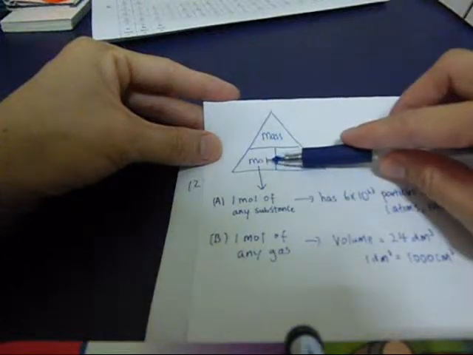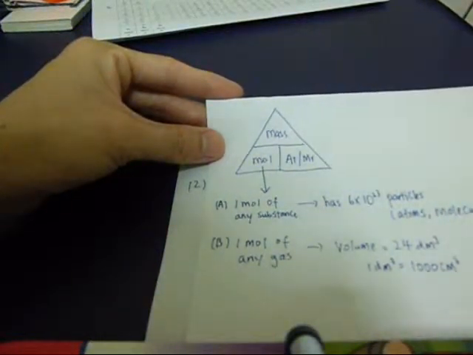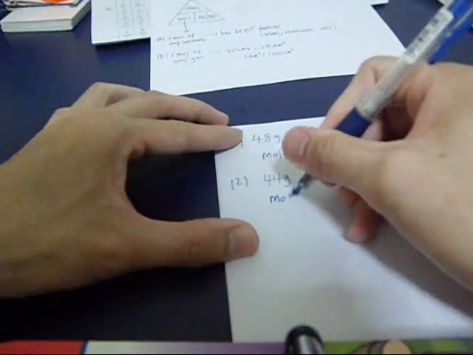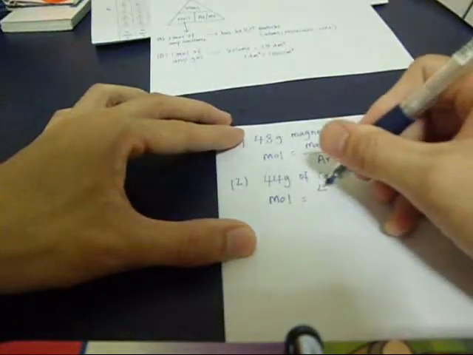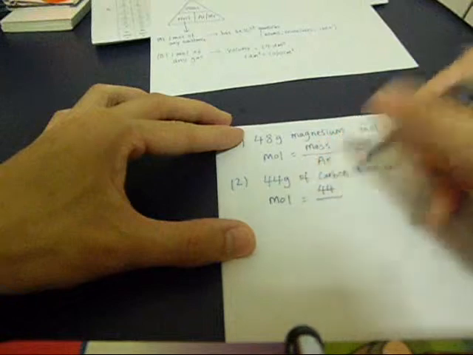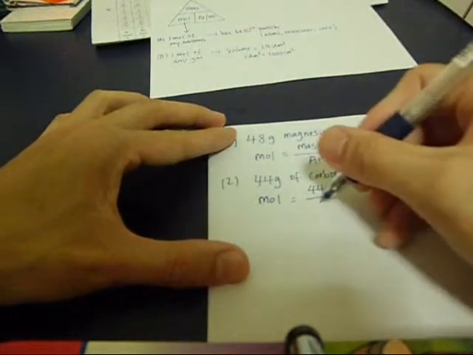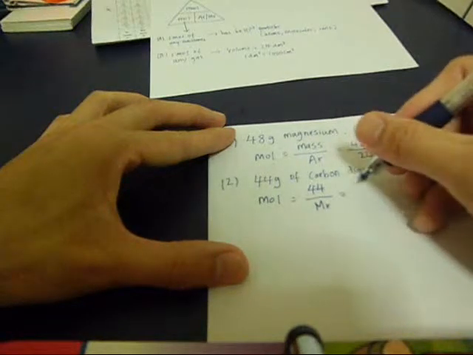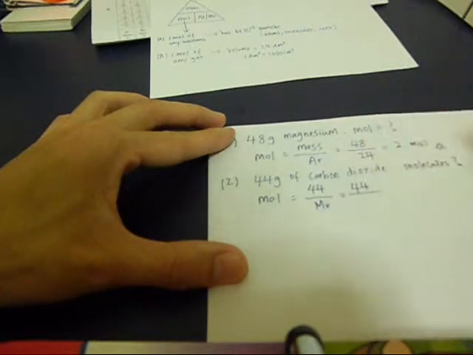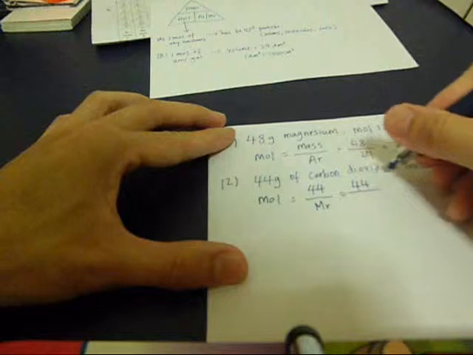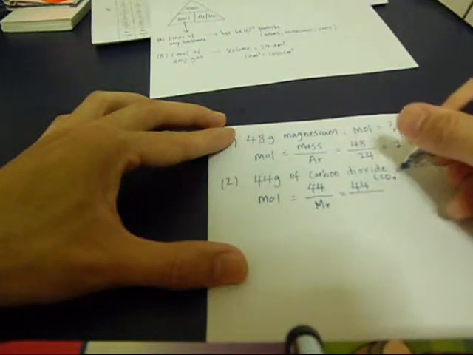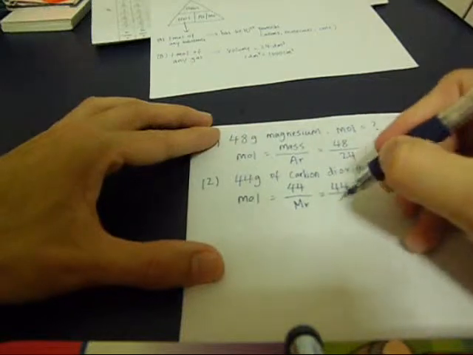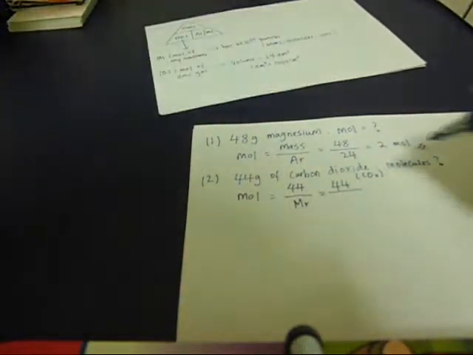How do you find the number of mole? Mass divided by MR. So first, find the number of mole, which is your mass 44 gram divided by the MR. What is the MR of carbon dioxide? Your carbon dioxide is CO2.